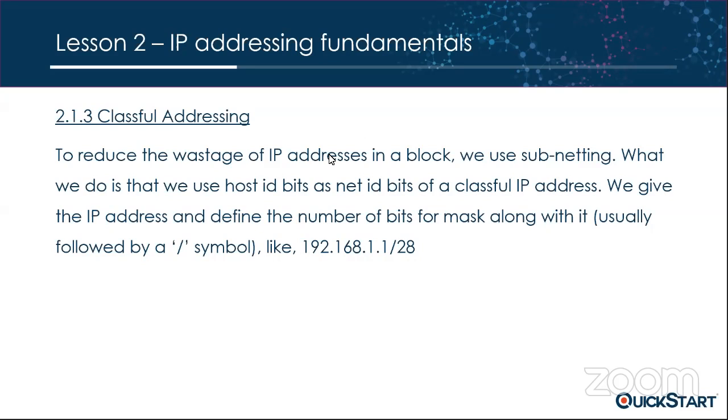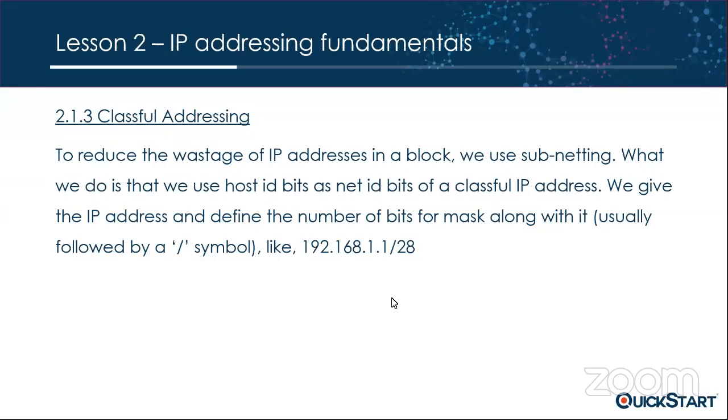Let's suppose this is a class C address, but we do a subnet here. This slash 28 is called CIDR, right? It refers the device that the subnet mask is not the class C default, which is 255.255.255.0, but if it's 28, it's 240.